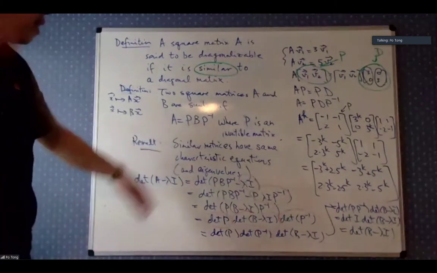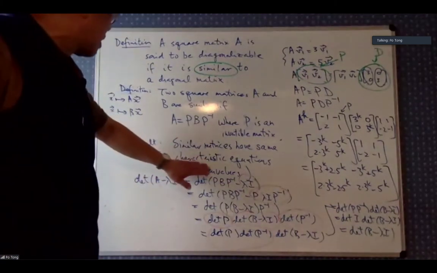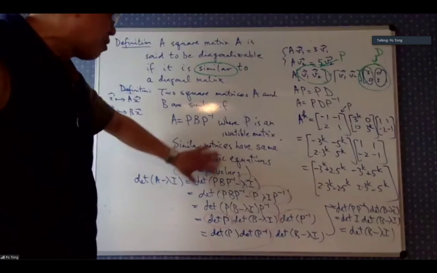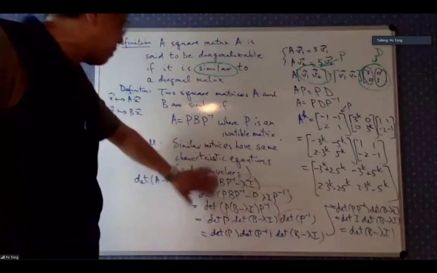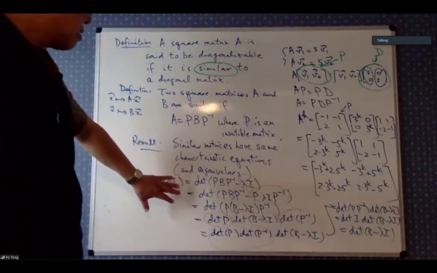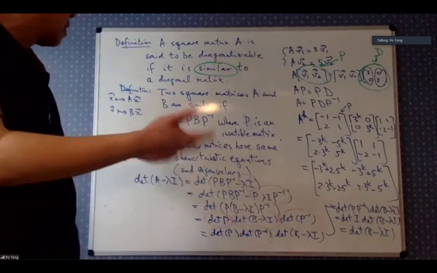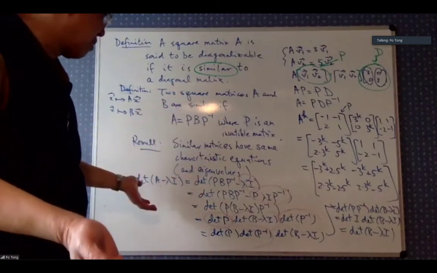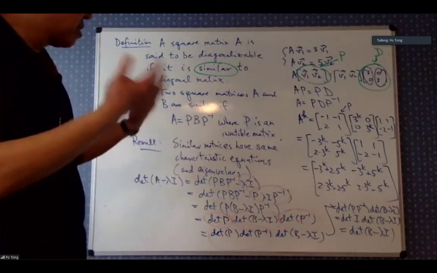So the main thing, this result is kind of interesting, but we don't really use it a lot. You need to know that similar matrices have the same eigenvalues and the same characteristic equation.